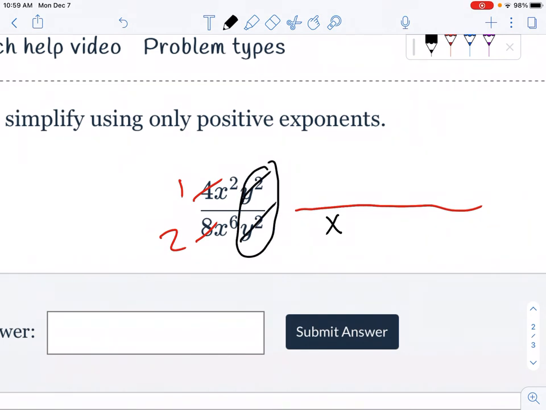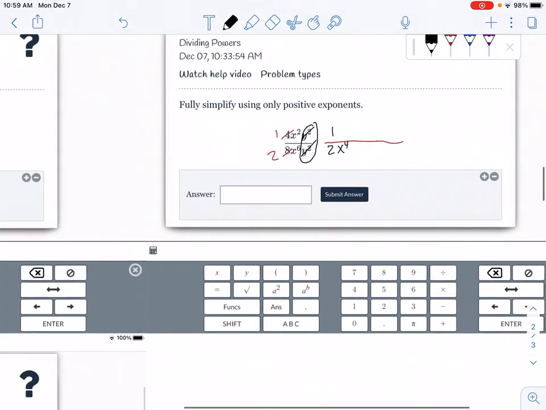I would get 0. So y to the 0 power, I don't need to write an answer in for that. So I have 1 over 2, and all I'm doing now is saying 6 minus 2, which is 4. So 1 over 2x to the 4th, I would say 1 divided by 2x raised to the 4th power.